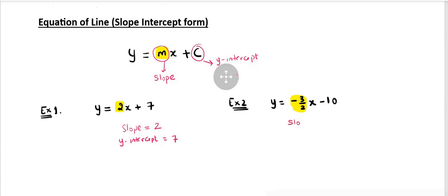So slope is minus 3 over 2. Remember that since by default in the standard form both the signs are positive, any negative sign we have to take with the slope and y-intercept. This is minus 10.